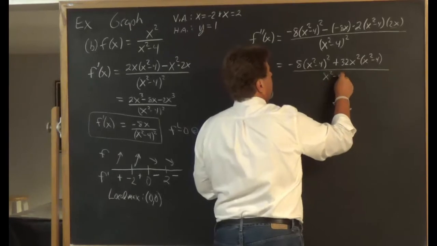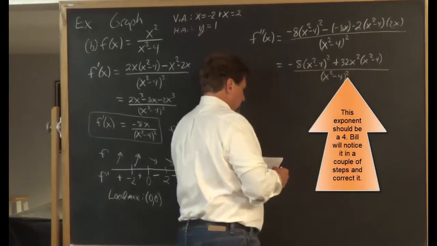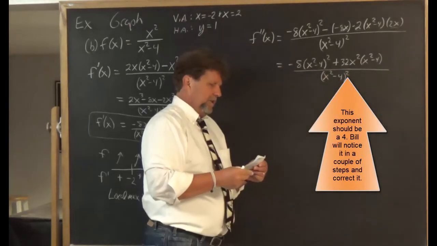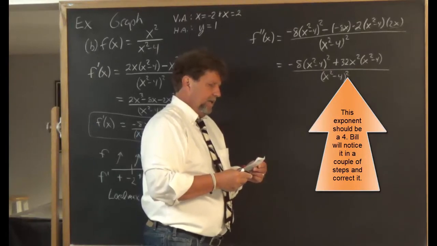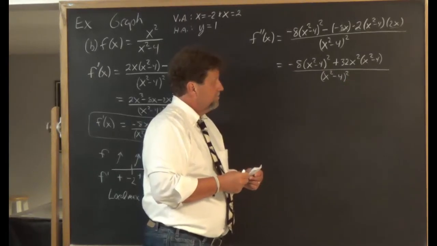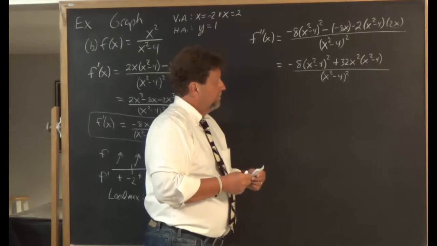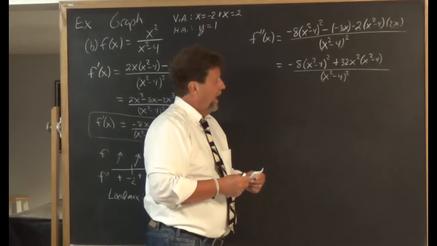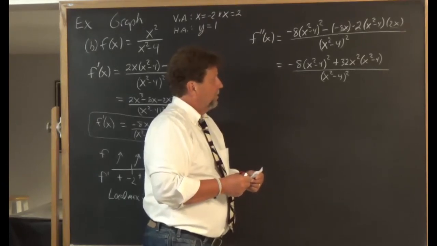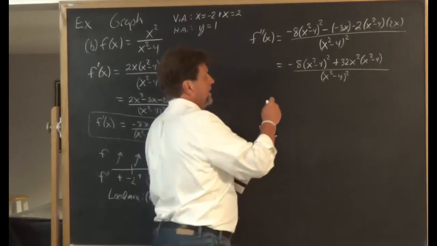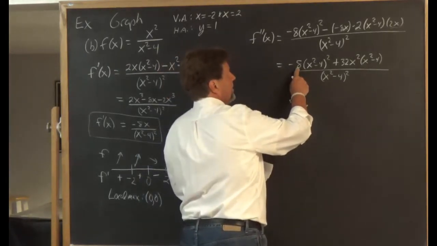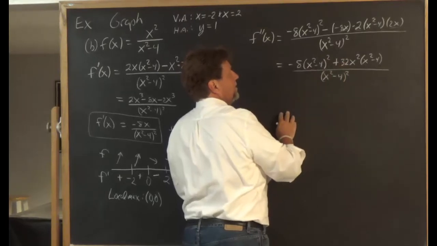In fact, now in the numerator, it looks like I can do some factoring. I factor out a negative 8, so I can take a negative 8 out of there.